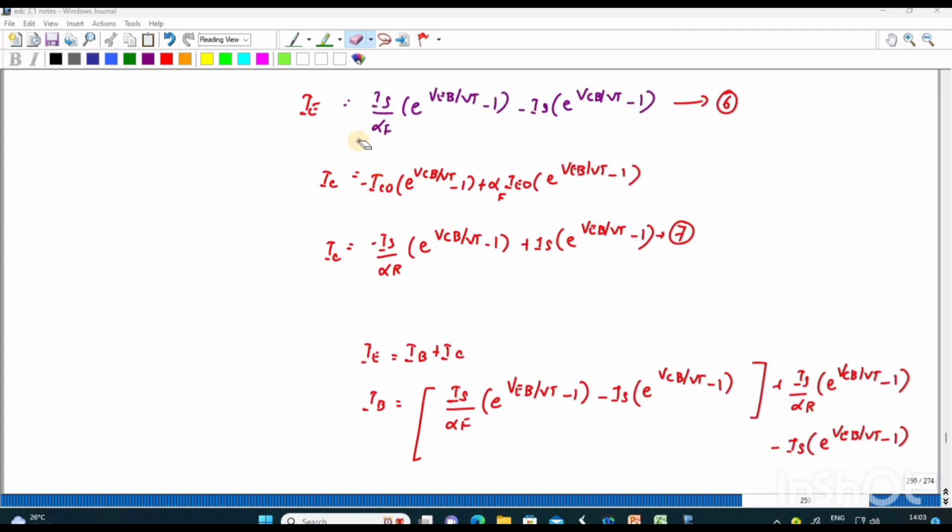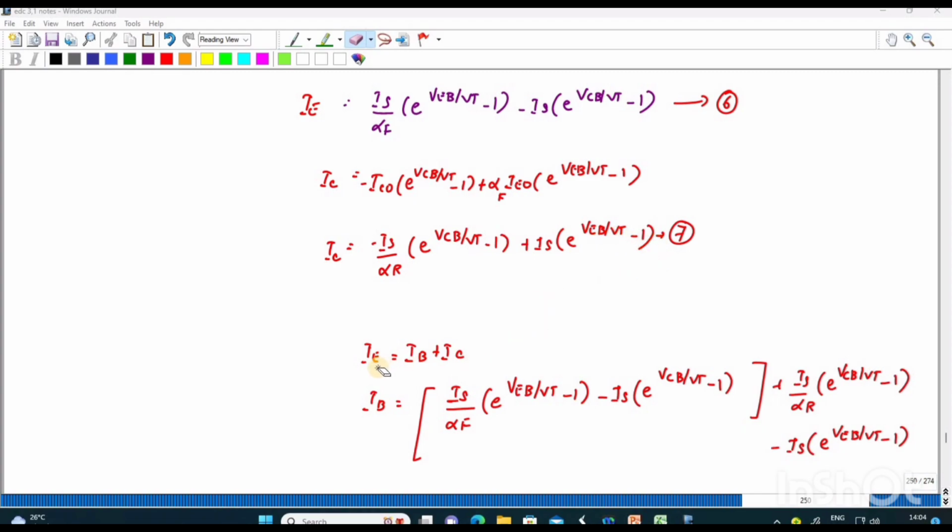So IE is equal to IS divided by alpha F into e power VEB by VT minus 1, minus IS into e power VCB by VT minus 1. Similarly IC is equal to minus IS divided by alpha R into e power VCB by VT minus 1, plus IS into e power VEB by VT minus 1.